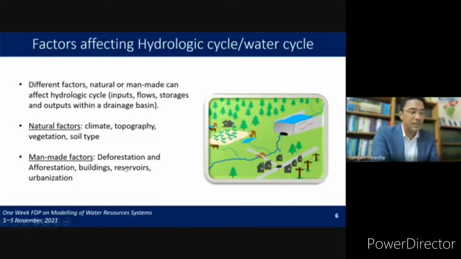Since the topic of this presentation is more on climate change impact on hydrology and water resources, I'll be talking more on how climate change impacts the hydrology and water resources of a given river basin or watershed.